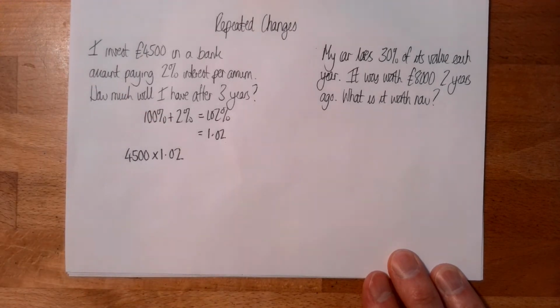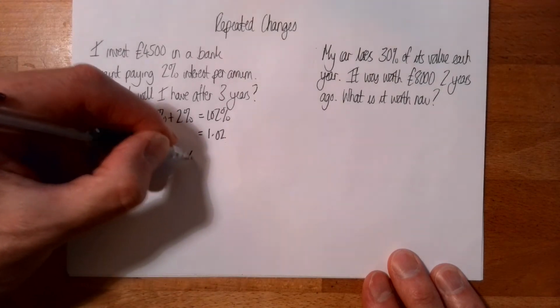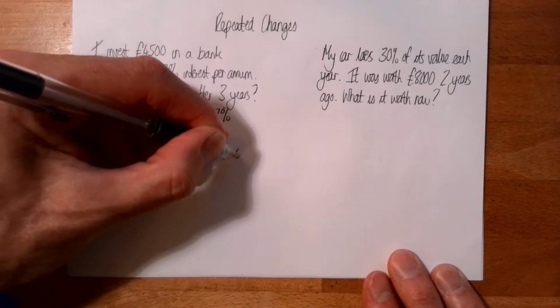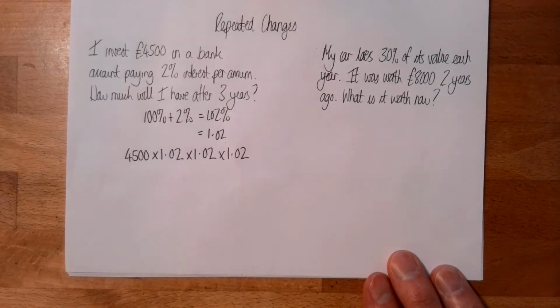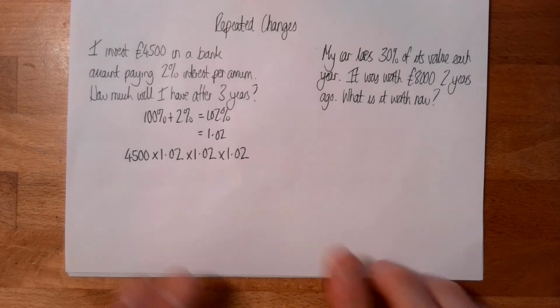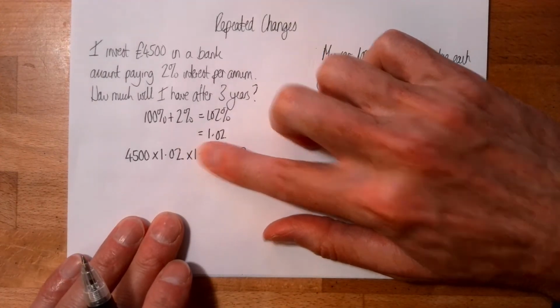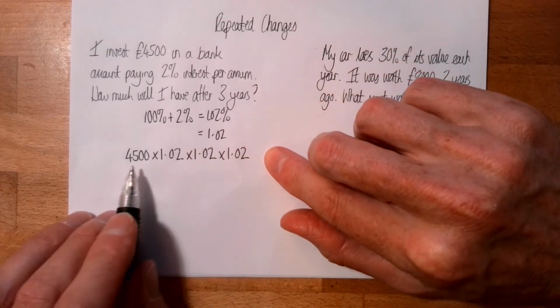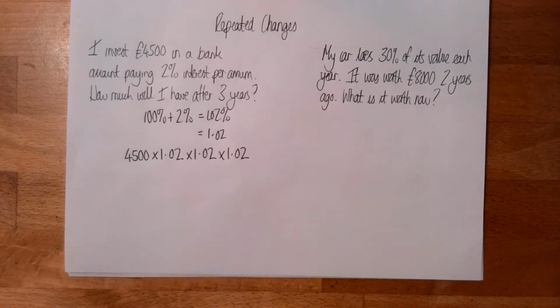What I then need to do is take that new amount and multiply by 1.02 again. That's how much I've got after 2 years. And then multiply by 1.02 again. That's how much I've got after 3 years. Now it doesn't want that answer after 1 year, it doesn't want that answer after 2 years, so I don't need to work those out. It wants how much I've got after 3 years.